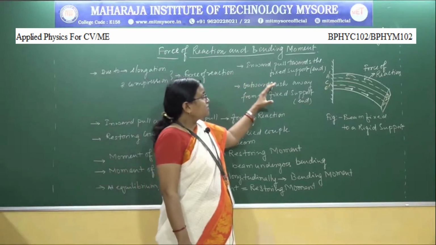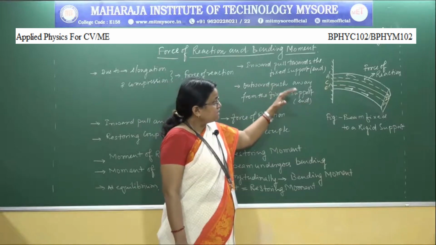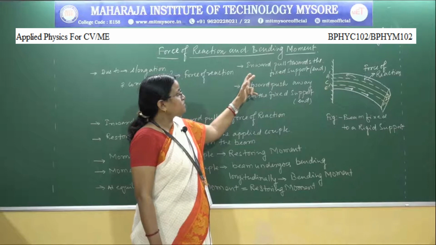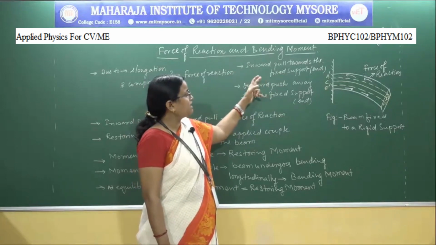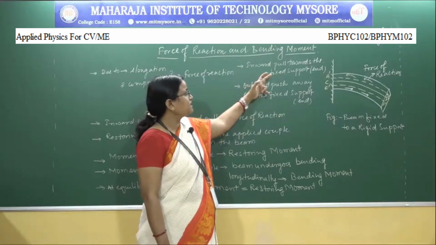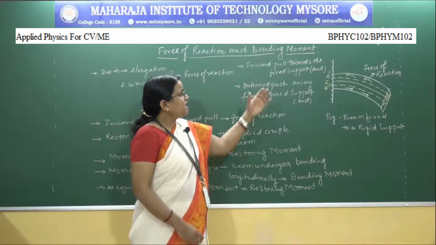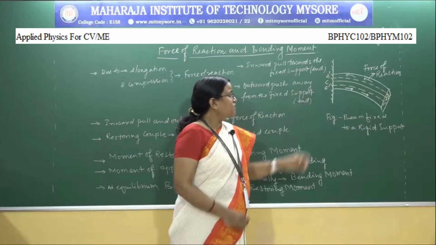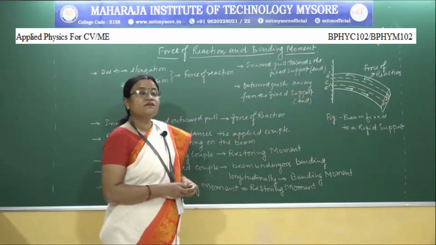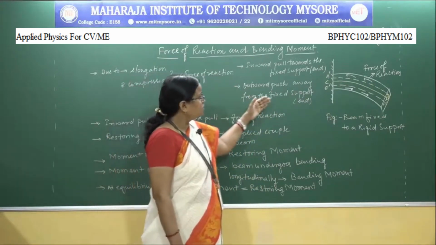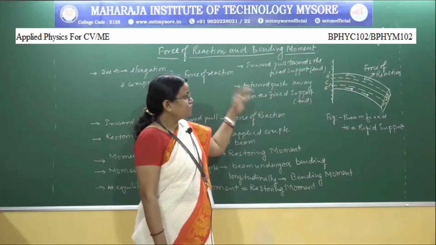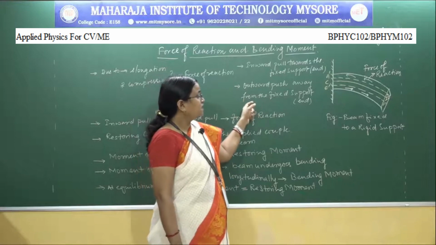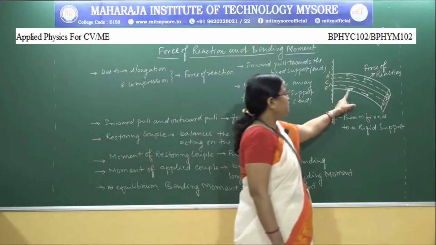The force of reaction in the upper layer acts in the inward direction. We can call it an inward pull, which acts towards the fixed end, and in the lower layer, where there is compression, an outward push, that is the force of reaction in the outward direction, acts away from the fixed support.